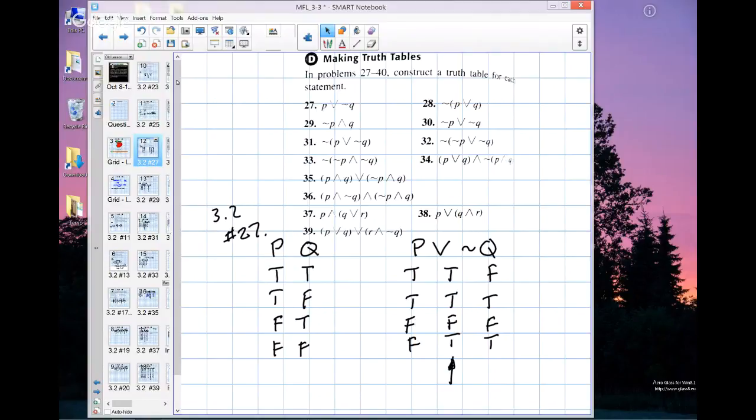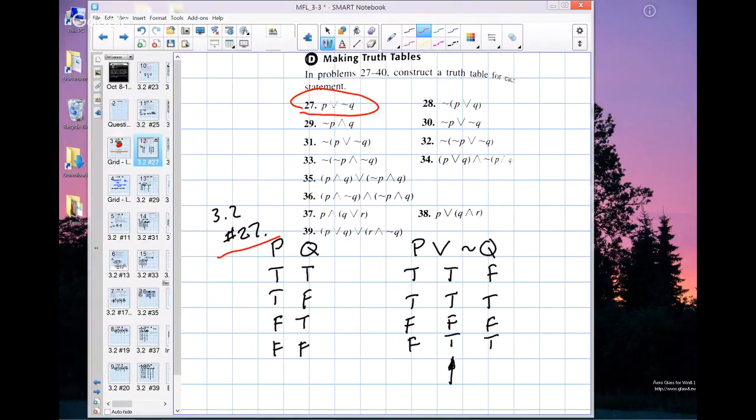So this is a perfect setup. Number 27 is up there on the top in the book. Just circle it here. And then I've got it down below here. So it wants you to do a truth table for P inclusive or not Q.